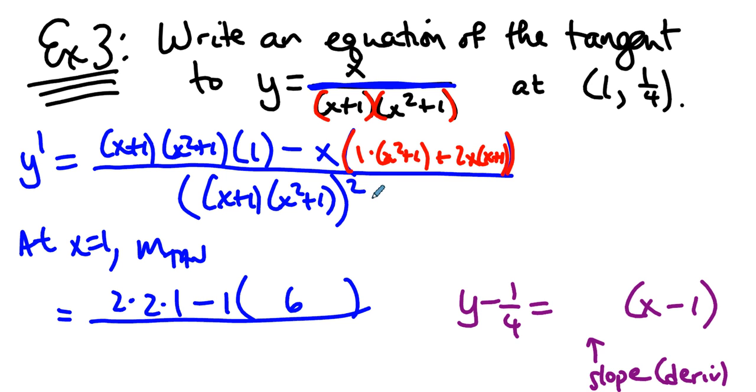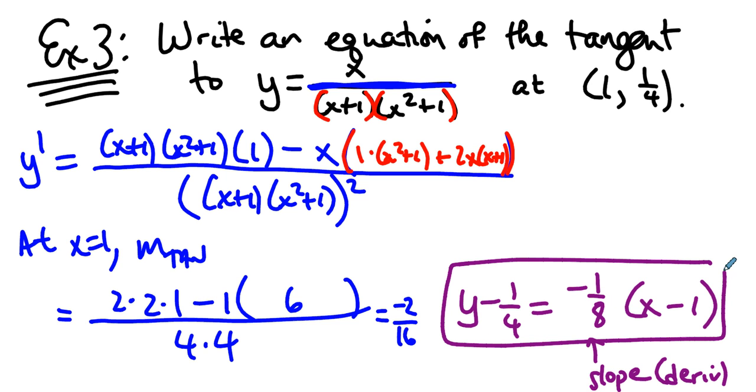Over, this is 2, this is 2. They both get squared. And this turns out to be negative 2 over 16, which happens to reduce to negative 1 over 8, and that's the slope of the tangent line.